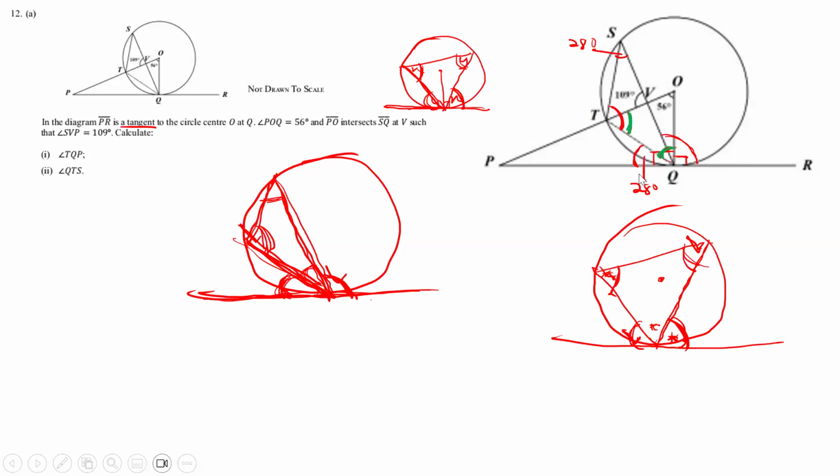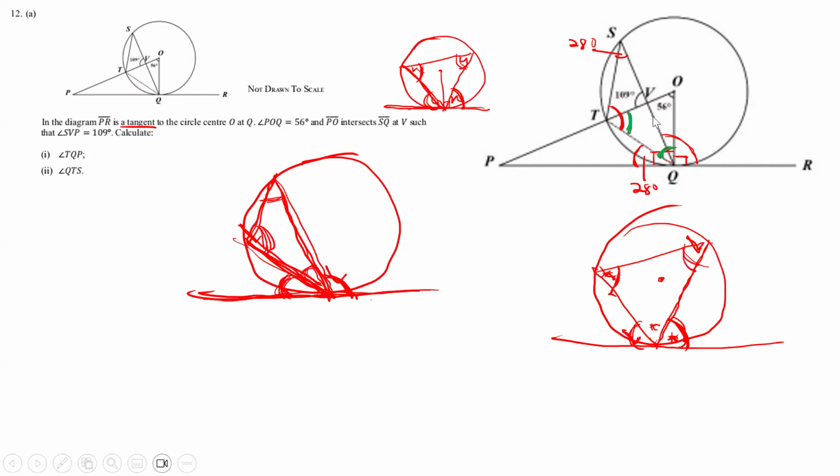So now let's see. Can I make use of any? Let me see if I know. We found this. We know that this must be equal to this. However, how do I find this angle? I think we've done enough of the analysis. If you know this angle here, you know this angle.